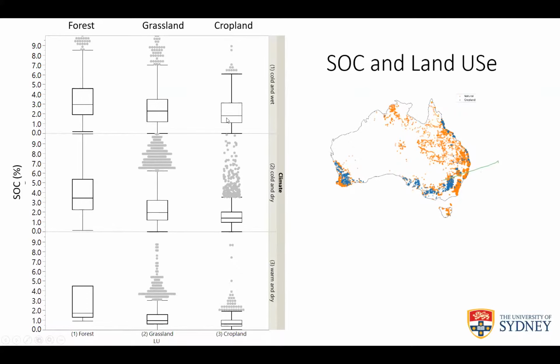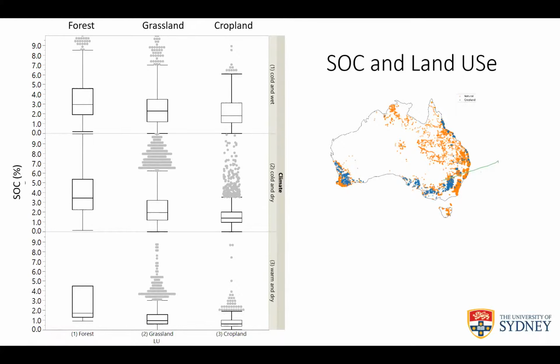But if it's cold and wet climate, the median is around 2%, then it can go up to 5%. But under warm and dry cropland, it's very unlikely that you will reach 5% carbon or more than that. It's more likely the maximum will be around 2%.